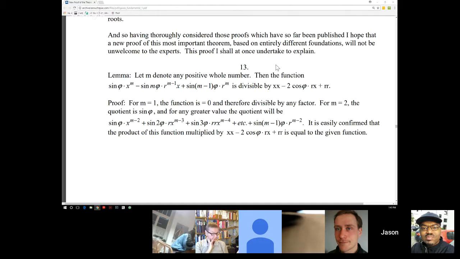for m equals 1, the function is 0, therefore divisible by any factor.